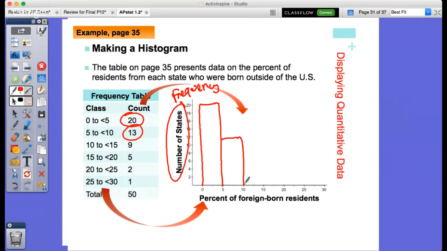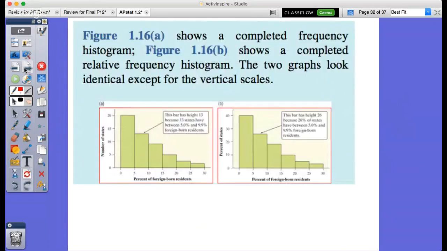And again, notice in a bar graph, you have spaces in between. Histograms, you have no spaces. Histograms, again, are quantitative. You have no space between each of them. Okay. 10 to 15, we have 9. So we'll put it here. And you'll see that you just keep going until we get towards the end.